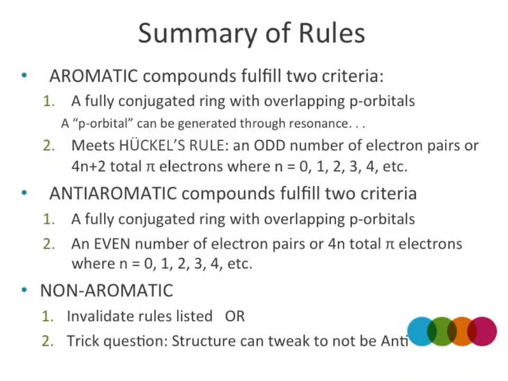It can be put in there as a kind of trick question. For instance, the quiz that you're about to take has a couple structures on it that I would argue are trick questions. Just because what happens? The structure decides to change its geometry. Well, if it changes its geometry, it can prevent itself from becoming anti-aromatic.